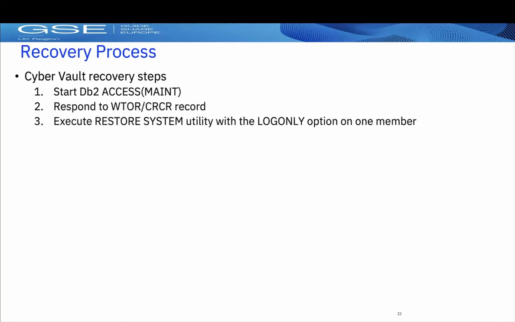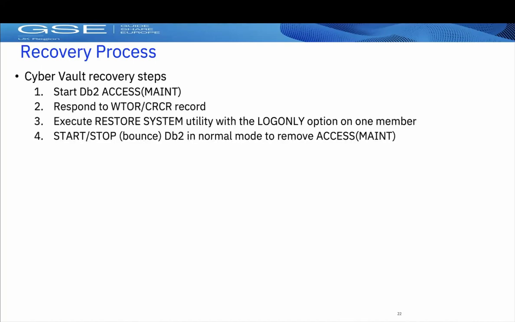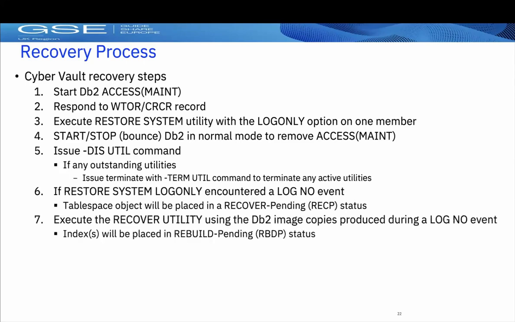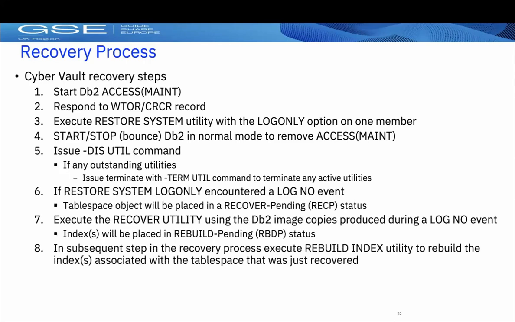So I'm just going down the steps here. After you do the preconditioning work, you're going to start DB2 access main, respond to the conditional restart record, and do that restore system log only. Make sure that all the utilities are gone.